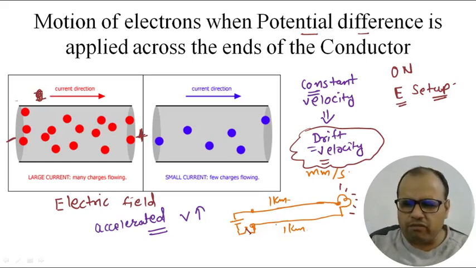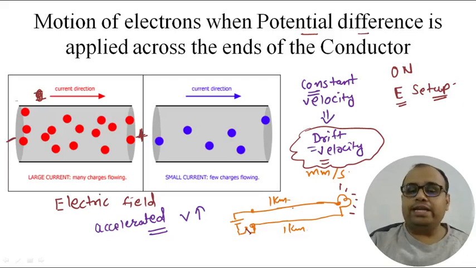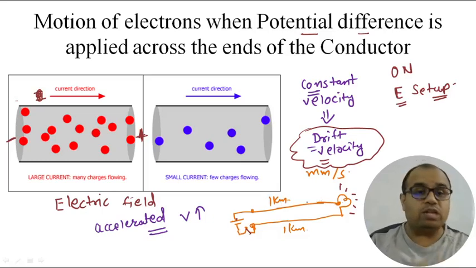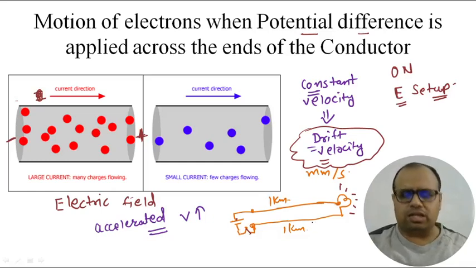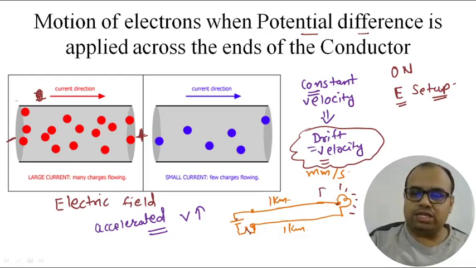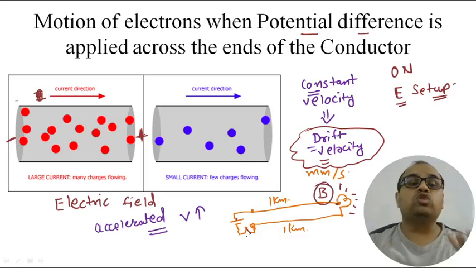It is set up everywhere, and that's why it will not happen that the electrons of this end will reach there and glow the bulb. No, it will not happen. Instead, because the electric field is set up throughout the conductor instantly, the electrons of this point only start moving, and that's why the bulb starts glowing. So that's the point.